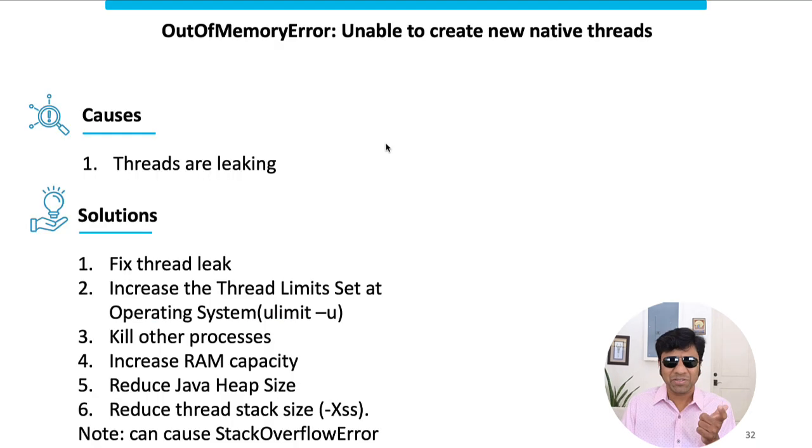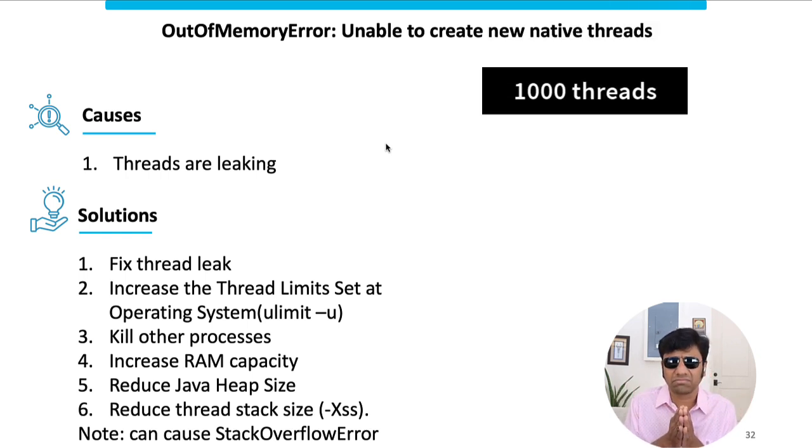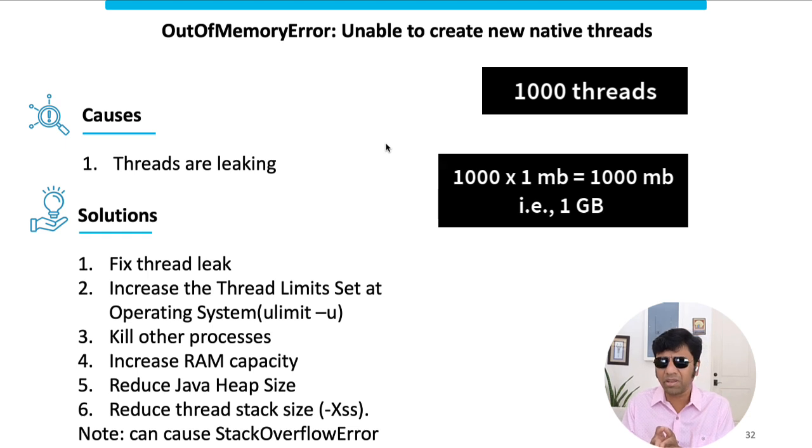So the other choice is that you can reduce your thread stack size, Xss. Suppose for each thread the stack size is set to 1 MB. I'm just making it up. If your application is creating 1,000 threads, that means 1,000 multiplied by 1 MB, so you need 1,000 MB, which is 1 GB of space, right?